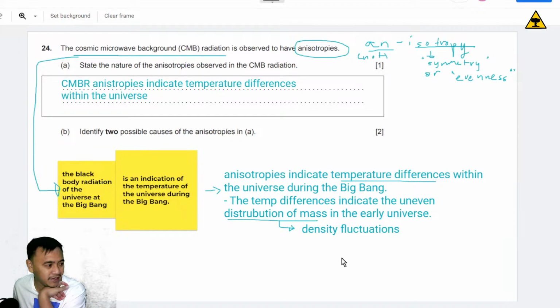It adds to the cosmic microwave background radiation in the early universe. And with the expansion of the universe, these fluctuations became bigger.